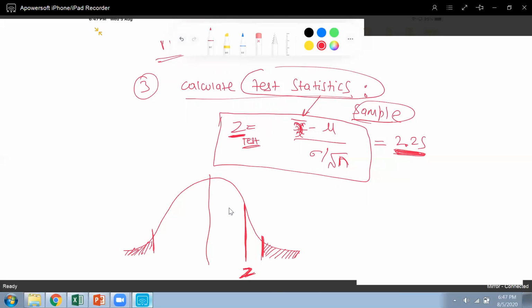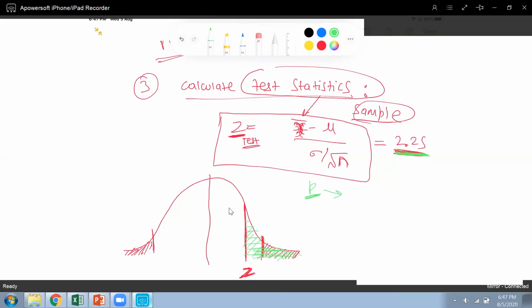Now what will I do? I need to find this area. This area is known as the p value. Can you tell how we will find this green region? Now I have the z value with me. I need to find the area.